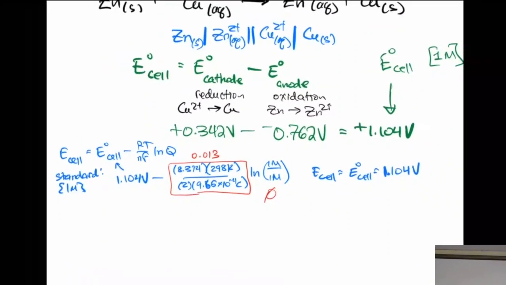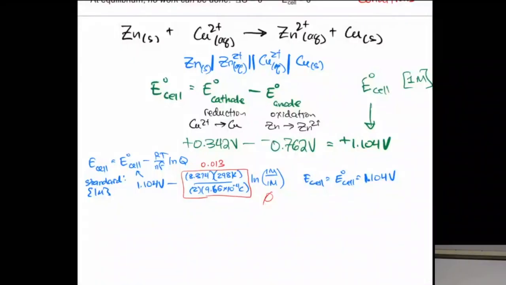So let's look at what happens when 10% of the reaction has occurred. At 10%, what are the concentrations now of the copper and the zinc in aqueous solution? That's all that matters. The concentrations of solids don't change.